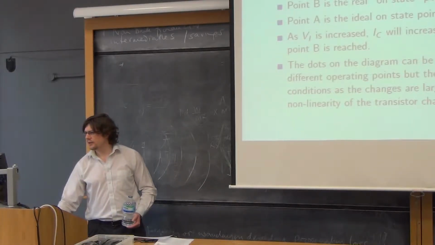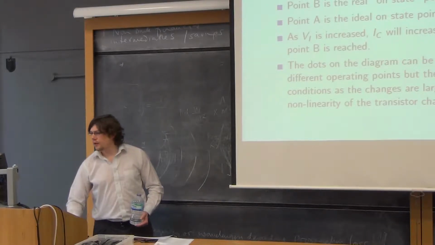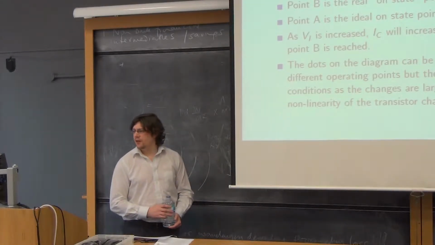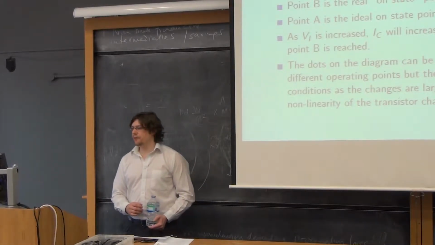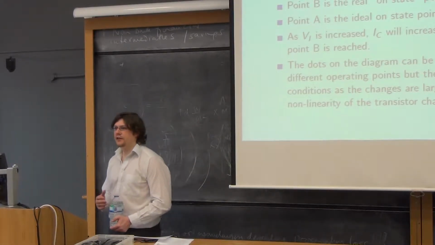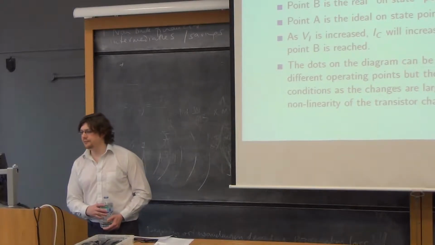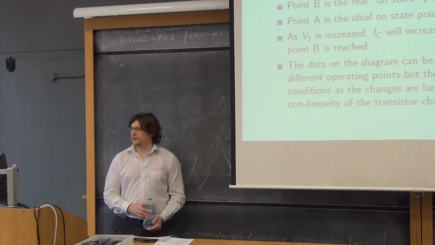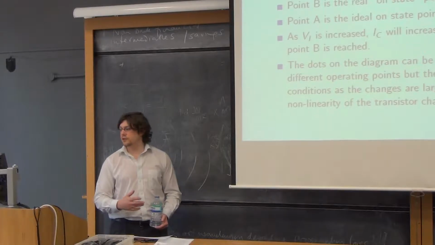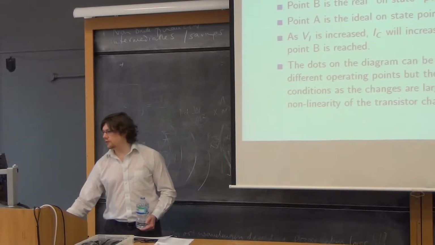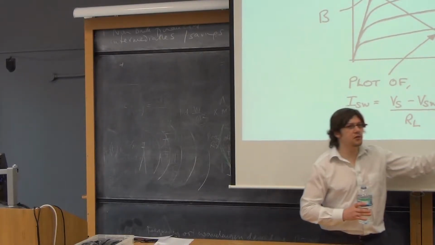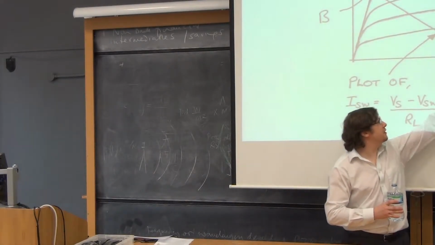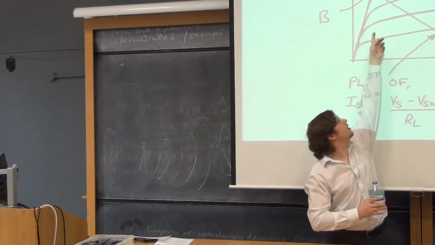And point C is the off state, and point B is the on state, the real on state, and point A is the ideal on state, which we can never achieve. As VI is increased, IC will increase and VC will decrease. So as the transistor turns on from the off state to the on state, this dot will move up the line.